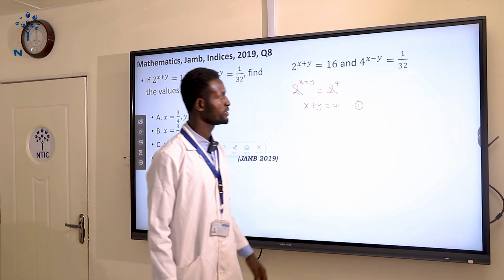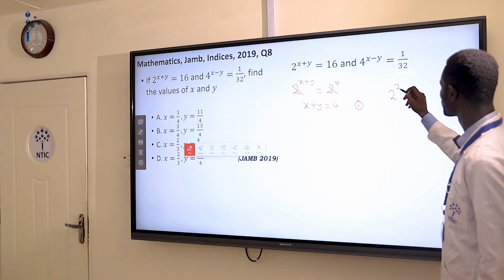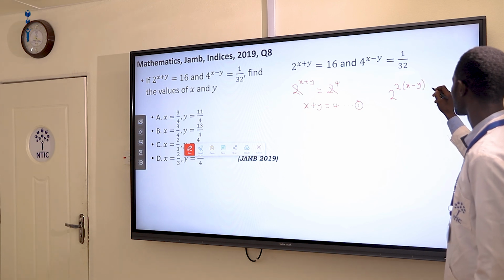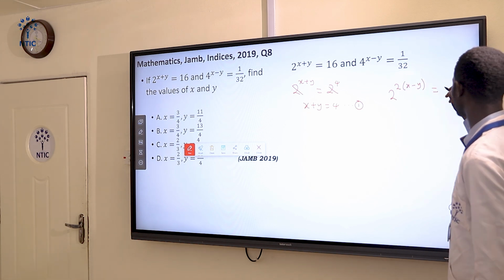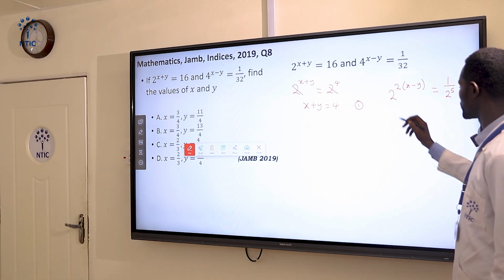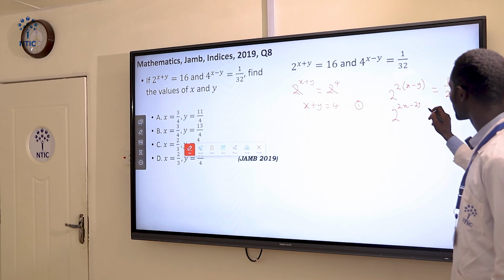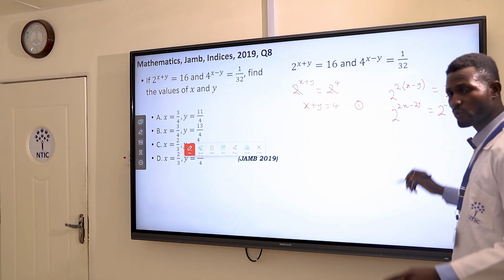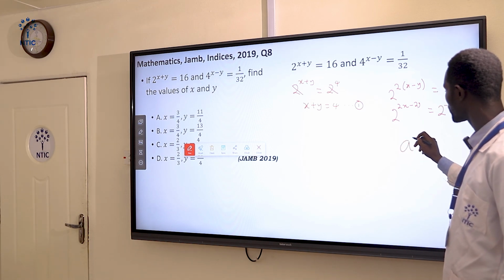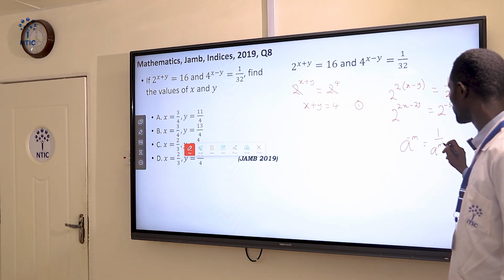And we also move to this. We have 2 raised to the power 2 into x minus y equals, if you apply the law of indices, 32 is 2 raised to the power 5. Then this becomes 2 raised to the power 2x minus 2y equals 2 raised to the power minus 5. Remember, in the previous examples, I told you that if you have a raised to the power minus m, it is the same as 1 over a raised to the power m.